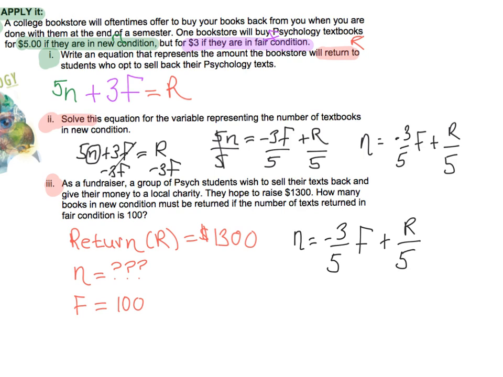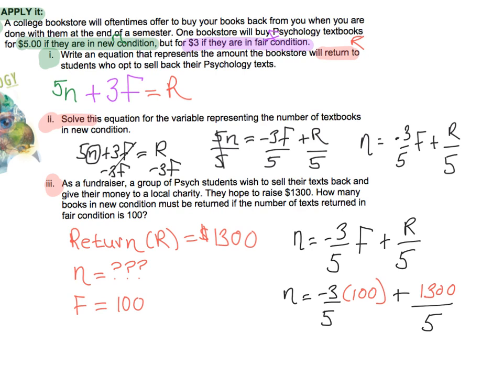So I don't know what n is. I do know what f is. That, my friends, is supposed to be 100 books in fair condition. So I'll grab that. And then my return that I was hoping for was $1,300. And then I'll divide that by 5. So number crunch that a little bit.